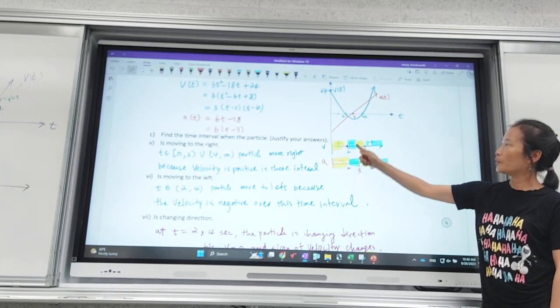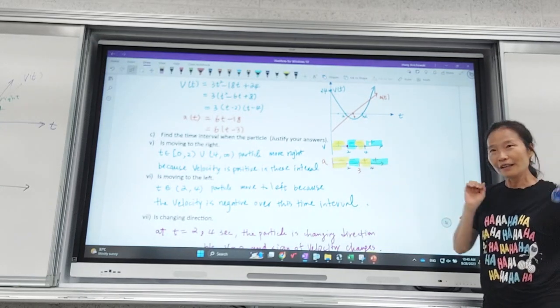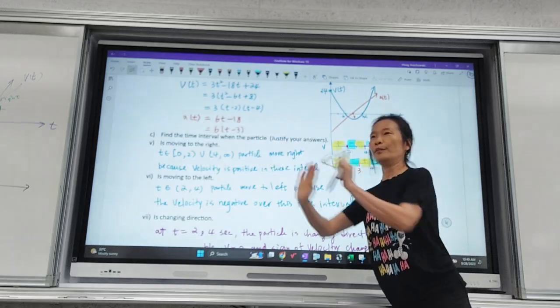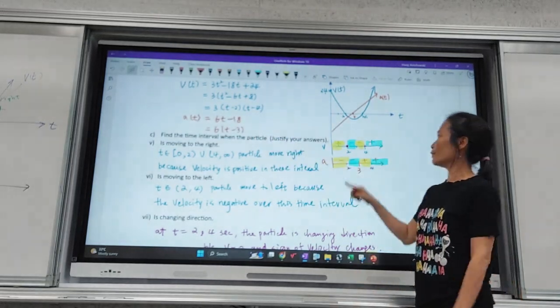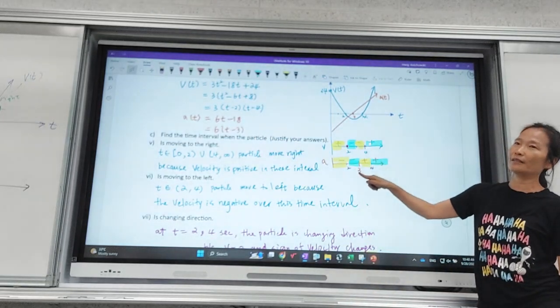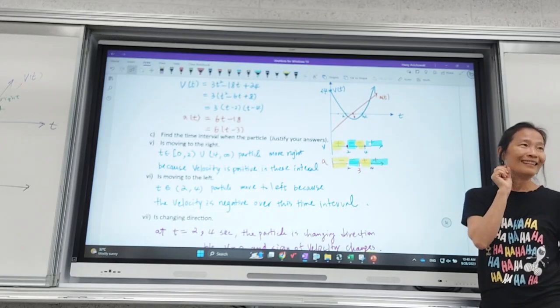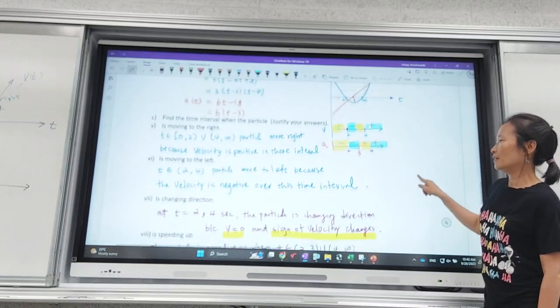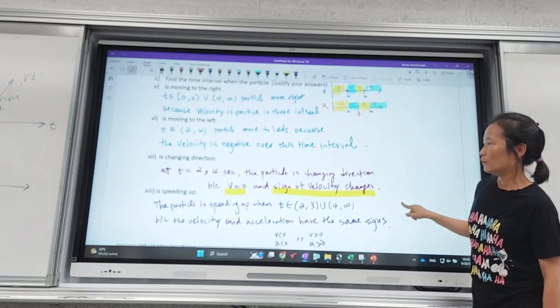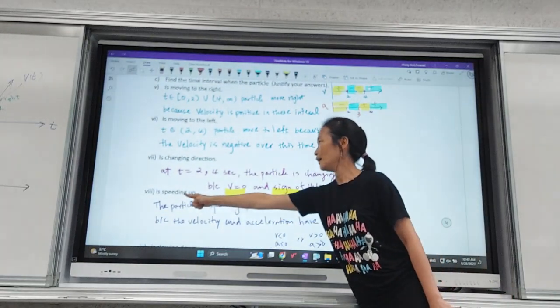If you're moving to the left, the force is with you, pushing you to the left, then you will speed up in that direction. So we are looking at the same sign: positive, positive, negative, negative. So we know if the particle is speeding up.